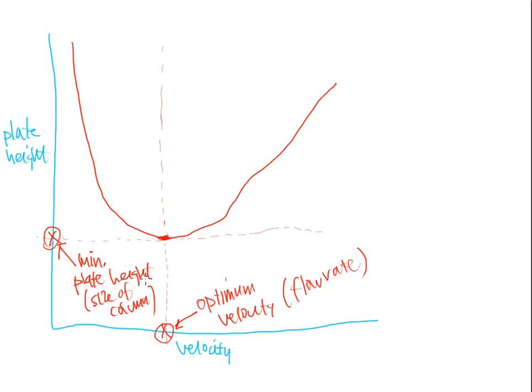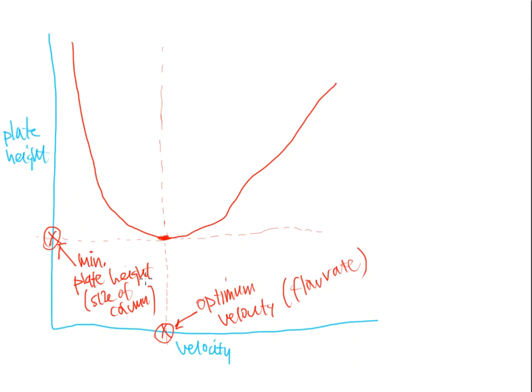Now, keep in mind that the lengths of the columns do not necessarily correspond to the plate heights, not every single time. So just keep that in mind, and we're going to simplify this a little bit, and we're just going to say the Van Deemter gives me optimal flow rates for my method, and it gives me optimal column information. And we're going to say the size of column.